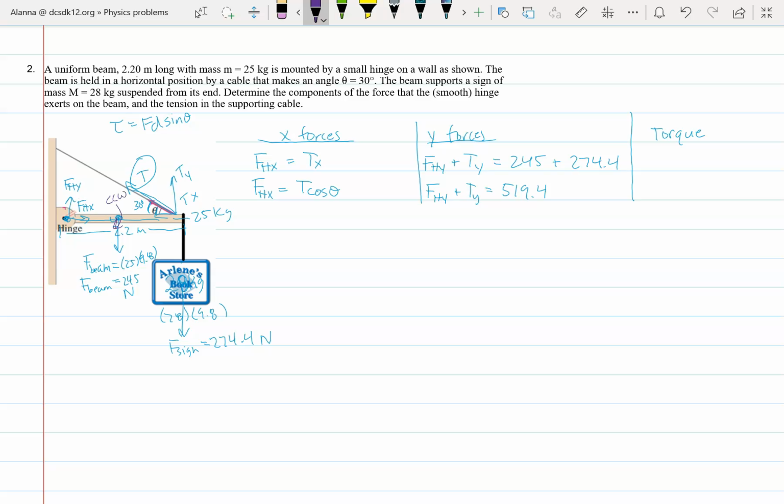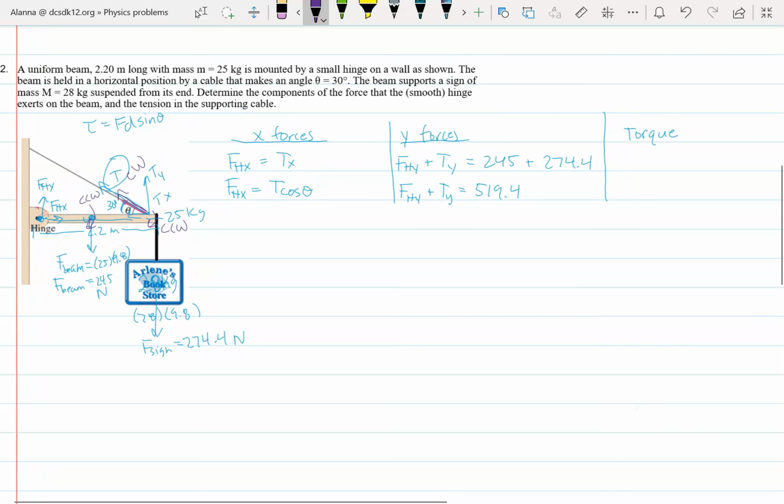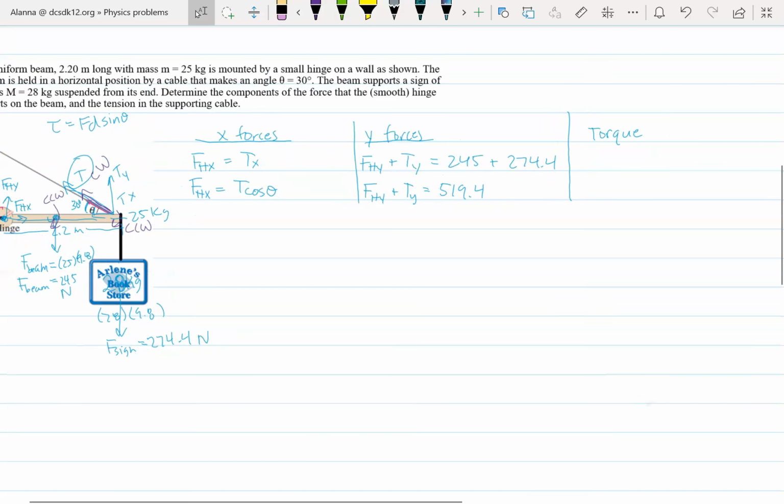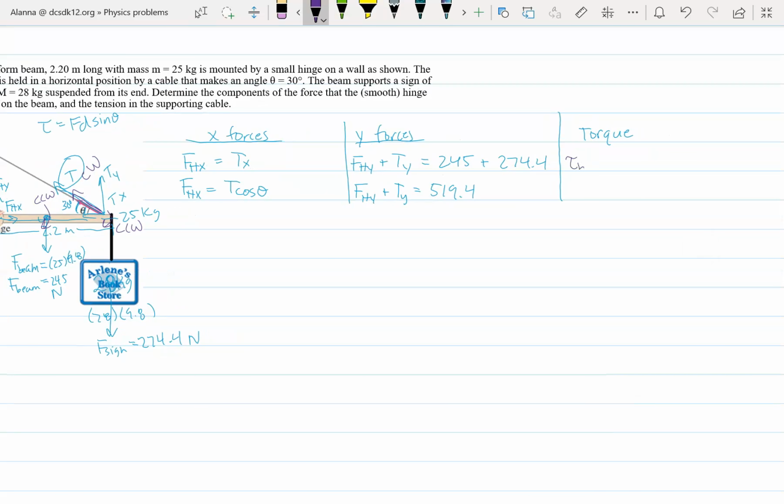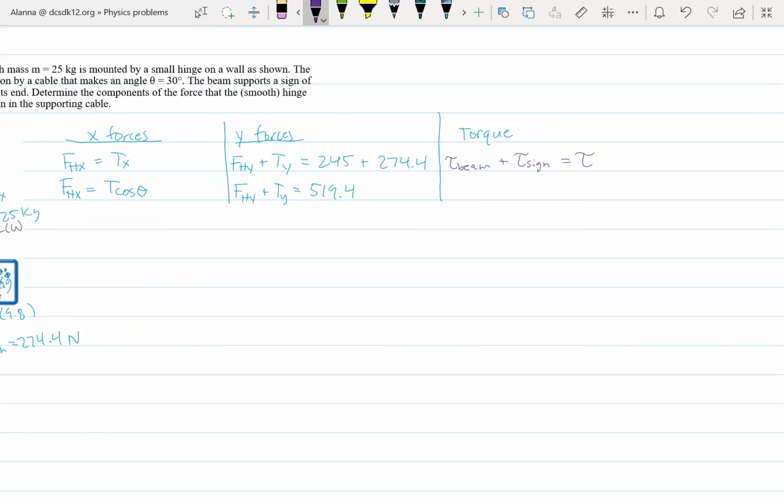And the force from the sign is also going to cause a counterclockwise torque. And then the force from the tension is going to cause a clockwise torque. So we want the counterclockwise torques to equal the clockwise torques. So we're going to have the torque from the beam plus the torque from the sign equaling the torque from the tension.